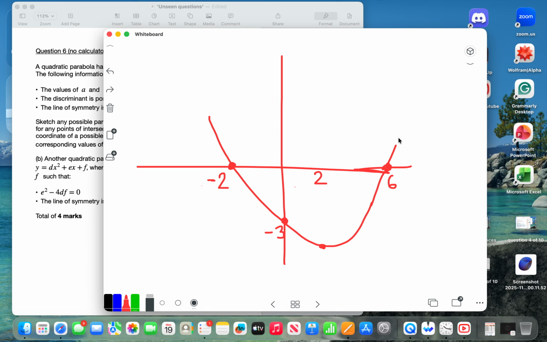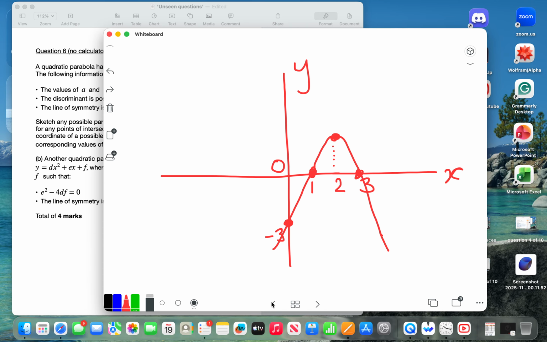And we have the minimum turning point there. And we've indicated all of the information that we need. So again, this would satisfy those conditions. But let's have a look at how the marks would have been imposed.